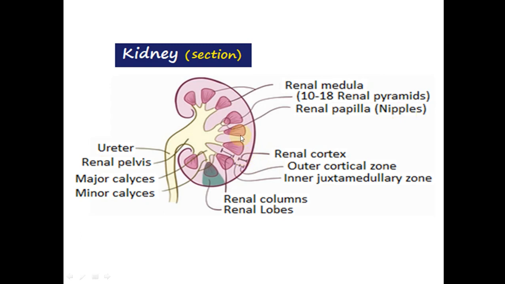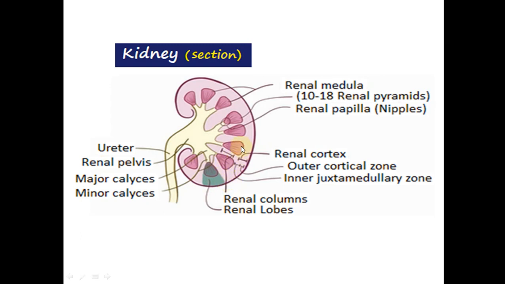In between the renal pyramids are the extensions of the cortical zone known as the renal columns, and each pyramid with its outer cortical region makes the renal lobes.